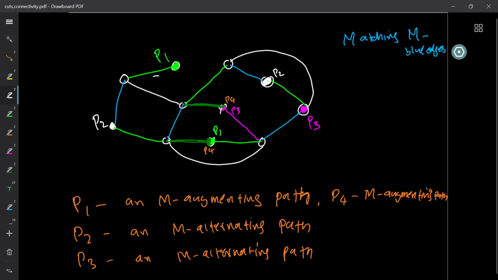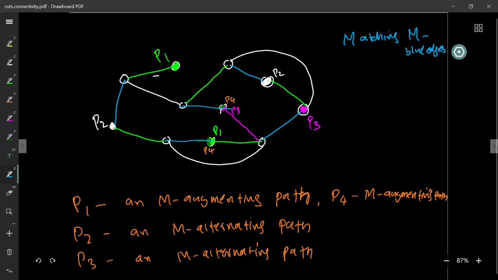Now, since it is M augmenting, we know that we can find a larger matching. How do you do that? Suppose I take P4. What I can do is remove this edge from the matching, and these two edges I will put into the matching.